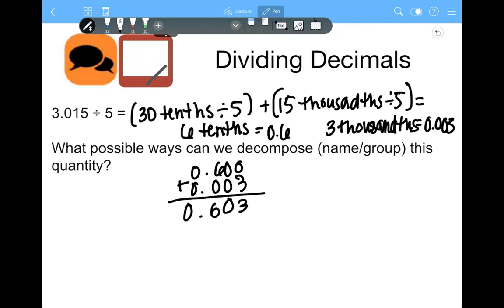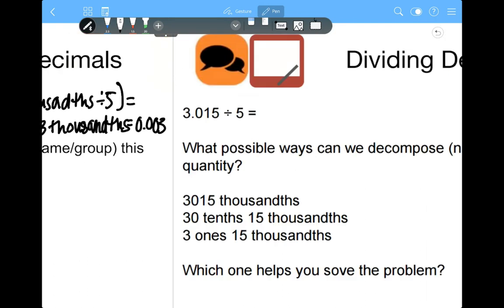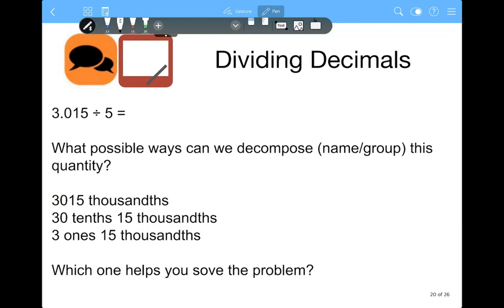So all I did was I broke this down by this part and by this part. This 30 right here, the zeros in the tenths column, that's going to be 30 tenths. And this 15 here, the 5 is in the thousandths column, so that makes it 15 thousandths. Let's go on and do another one here. I could have also broken it down into 3 ones and 15 thousandths.